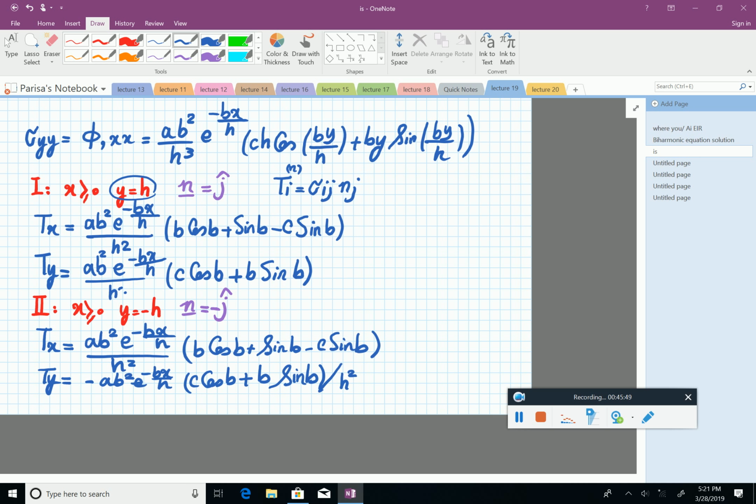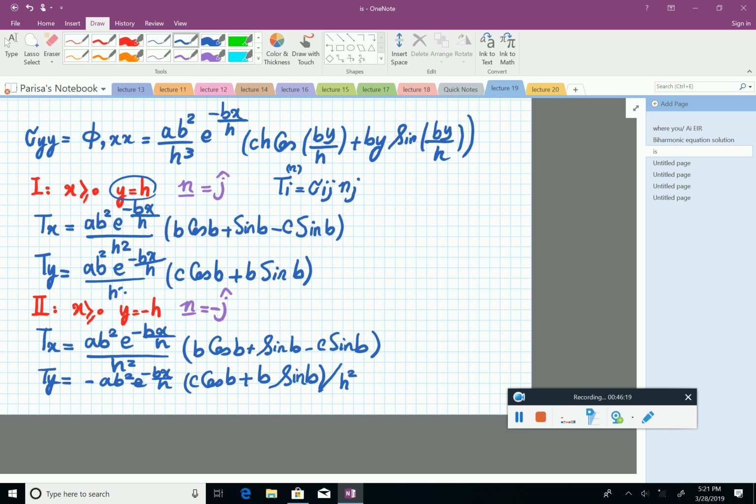Okay. Now we can start looking at things. Does it look any better? No, not really. It looks very complicated. But I want you to observe something here. Now, if the top and bottom are traction free, what conditions should be satisfied?